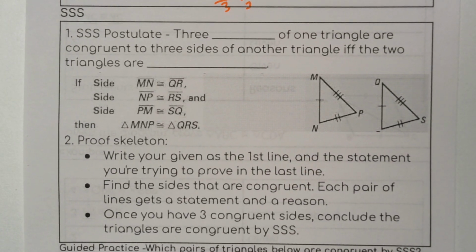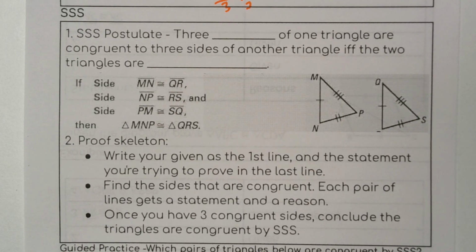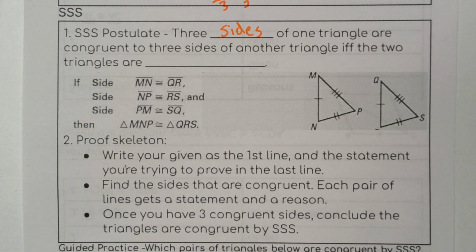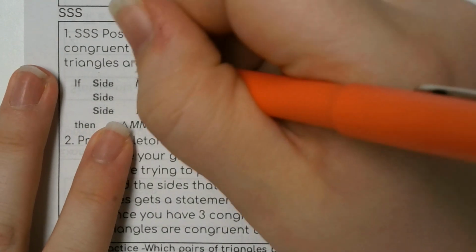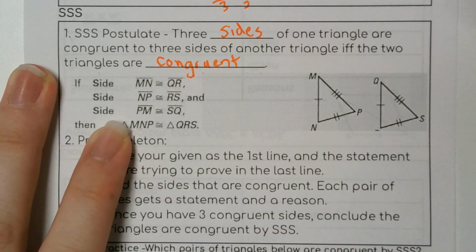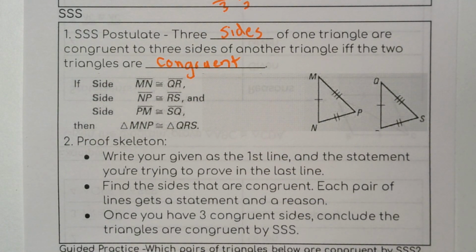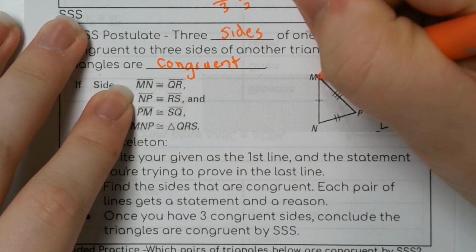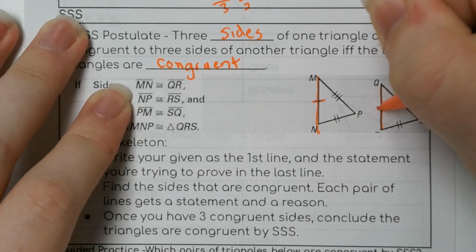So we have what's called the SSS postulate. This postulate says that 3 sides of one triangle are congruent to the 3 sides of the other triangle if and only if the 2 triangles are congruent. So, an example of this, we have MN is congruent to QR.